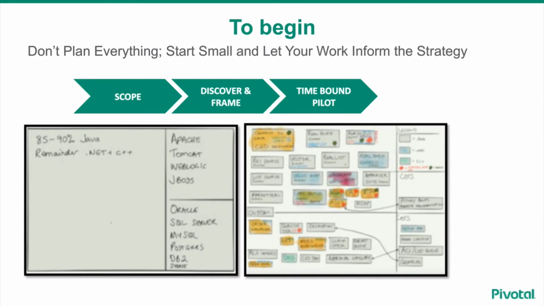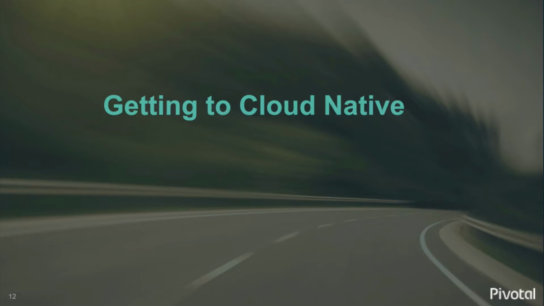Start small, right? And let your work actually inform the strategy. So you work a little bit. This is the classic Agile sort of approach, right? Work a little bit, see what comes up. Do another planning sprint. Do a little bit more work. So how do you get all the way from just making it run and getting up to actually full cloud native and microservices?